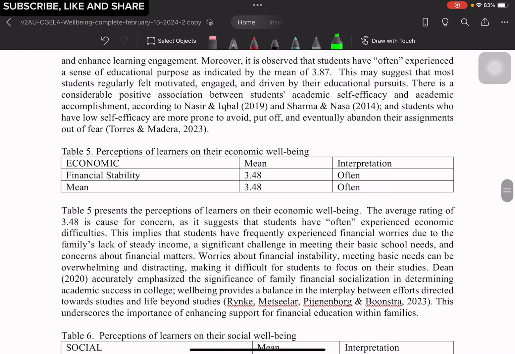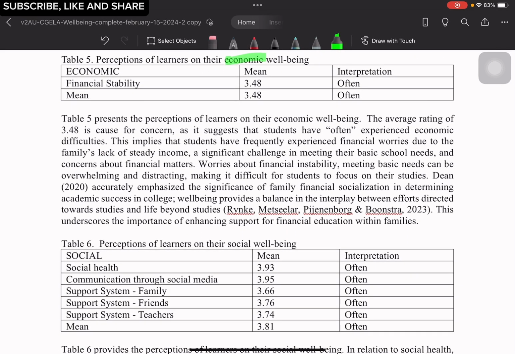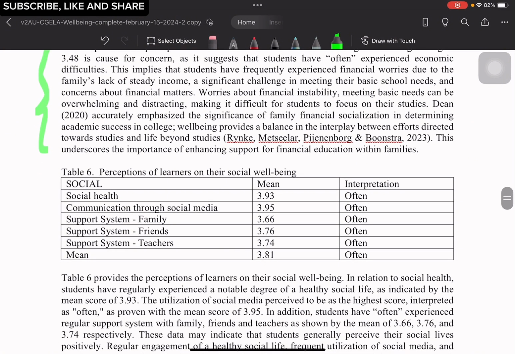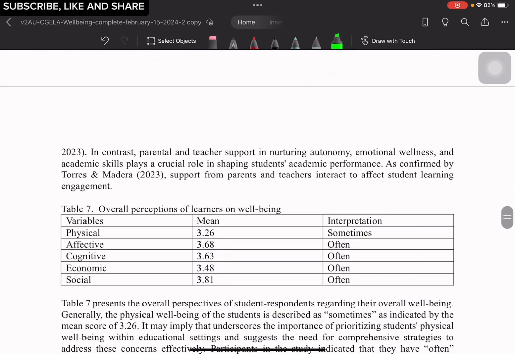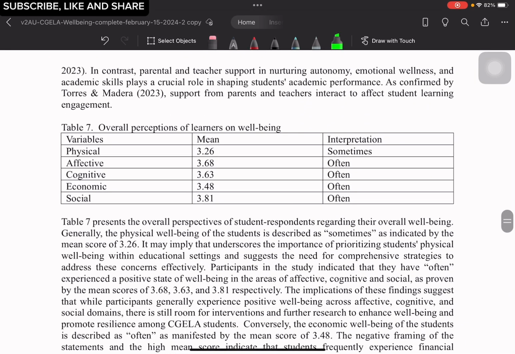The next one is the economic well-being. And then after that, the interpretation for that table. And then after that, you have the social well-being. And then the last table, if I'm not mistaken, is the overall perception of learners on well-being.